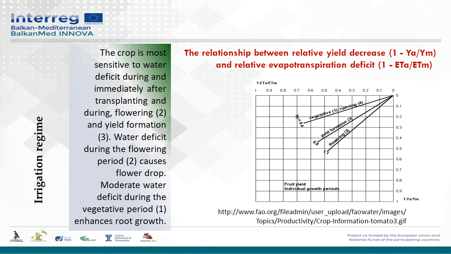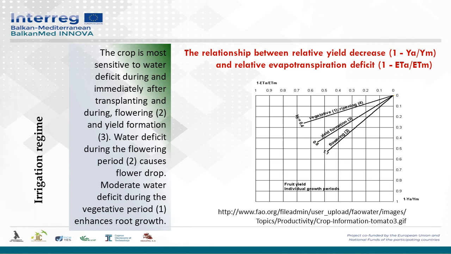And by doing that, we force the plant to develop its root system and to make it deeper into the soil in order to reach the water reserves which are falling down.